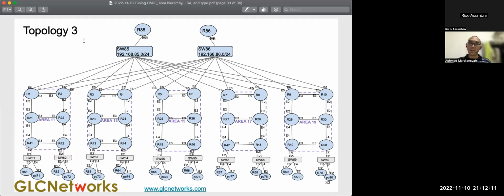Okay, so if you want to tune up your OSPF, I would suggest you move from one single area and split it into several areas. But you have to carefully plan that the backbone has to be a very strong network, because that's the place where all traffic goes.